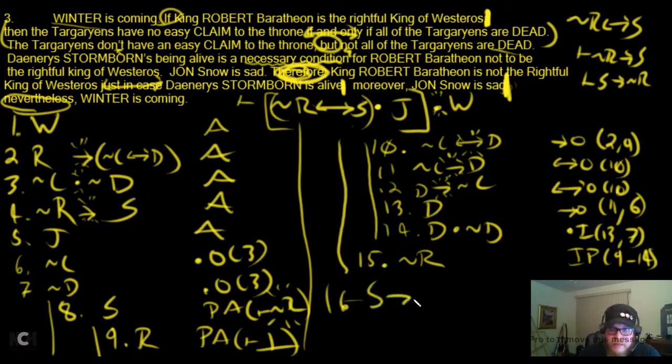How so? Indirect proof, 9 through 14. Now, hey, the squiggle R was actually something we were trying to get way back in line 8 with a conditional proof, which means 8 to 15 allows us to zoom out and say in an arrow, hey, S arrow squiggle R.